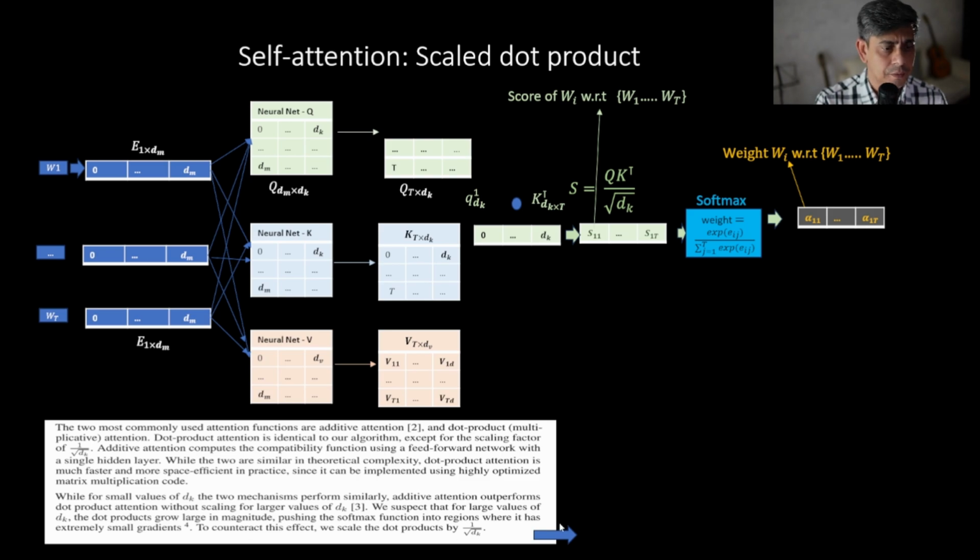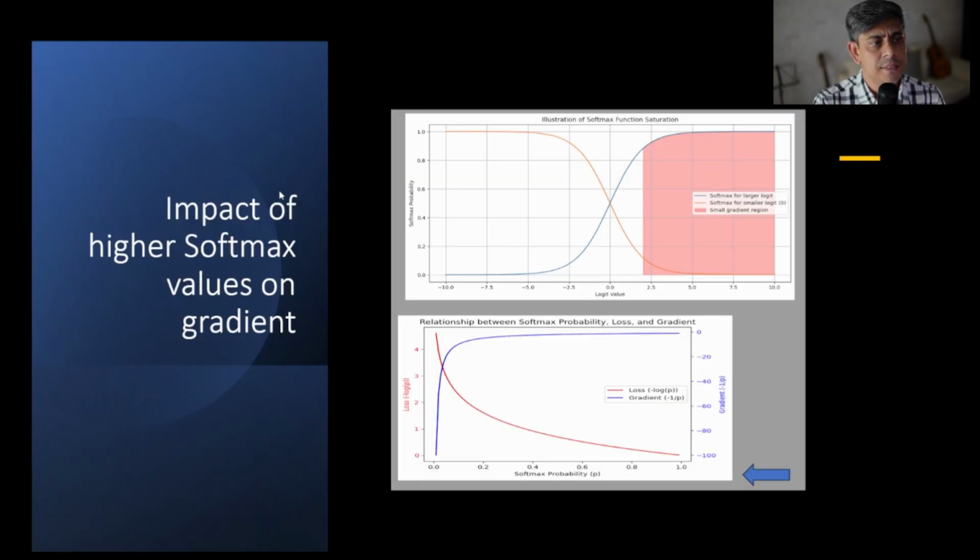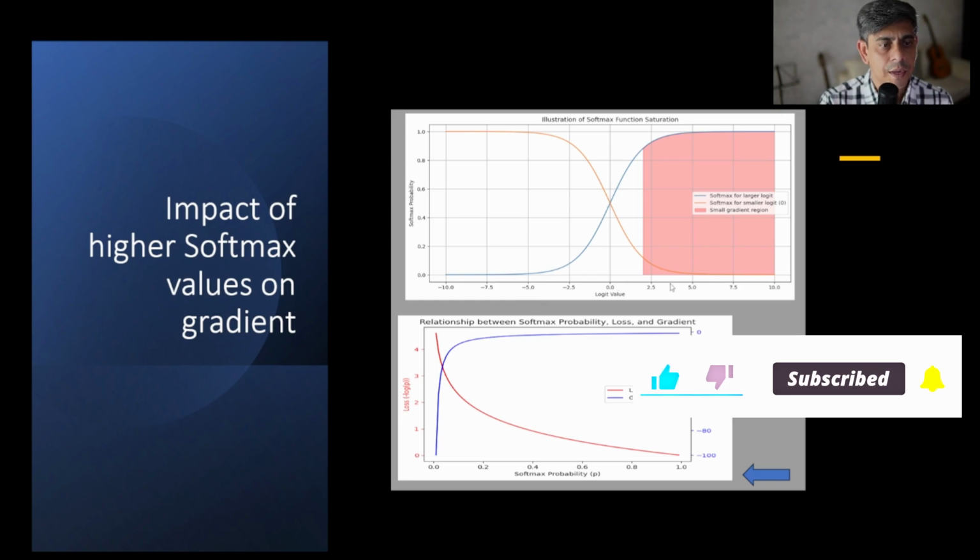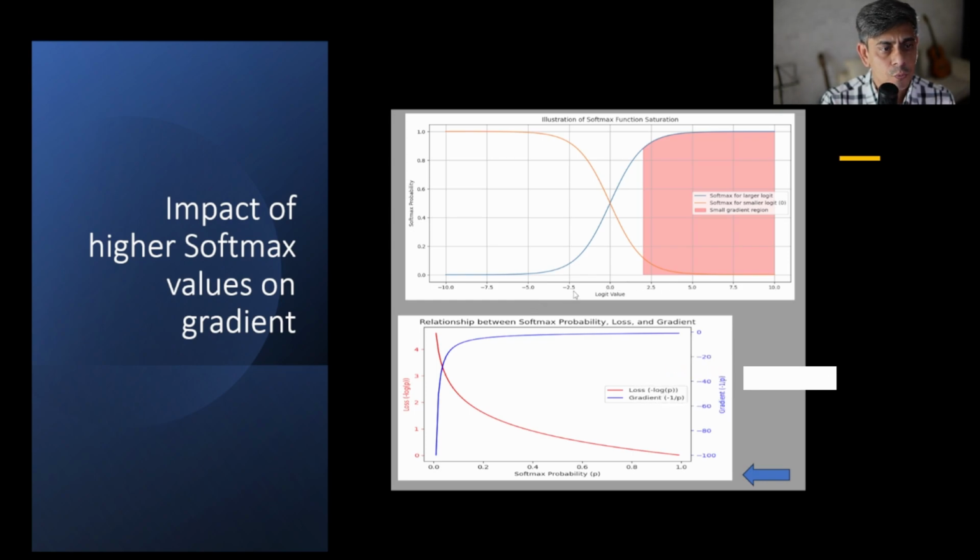What does it mean? You can see this is the output of the softmax. If we plot a moderate range, for example -5 to 5 or -2.5 to 2.5, you see the curve, the slope is very evident, the slope is visible. But when the number goes beyond a certain point, for example beyond 5, or beyond 2.5 to 10, and similarly for the negative values as well, the slope becomes very flat.